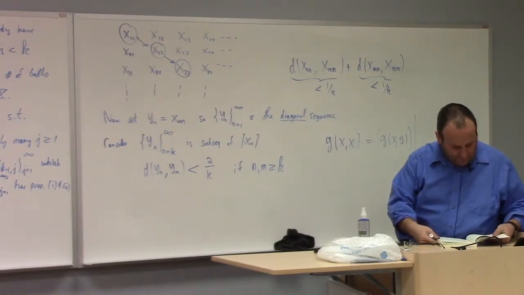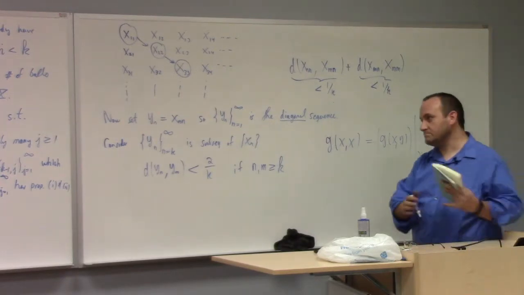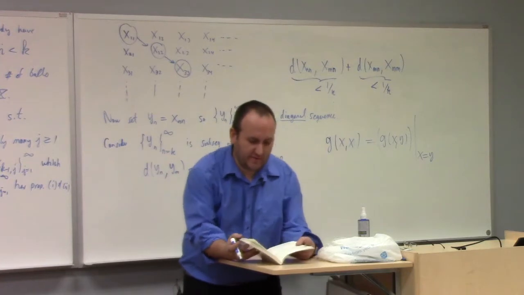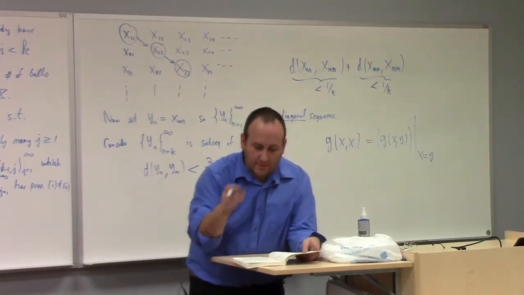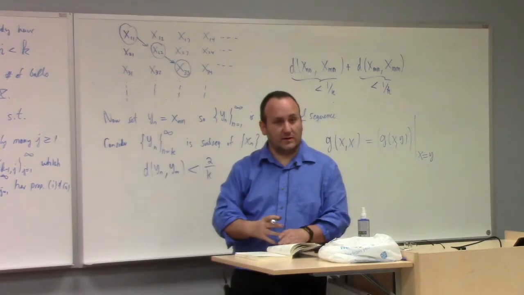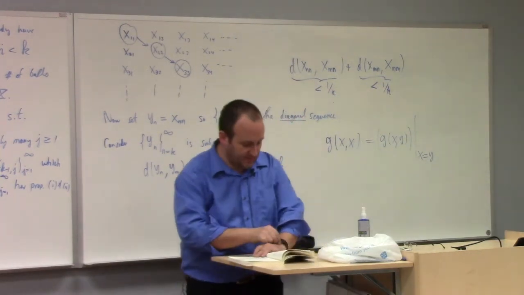Next up, a metric space X is separable if there is a dense subset of X which is countable. Okay, so I'm actually going to just go ahead and read the rest of this section because I want to write down things about continuity, all right? And I don't want to go over time today because I'm tired.